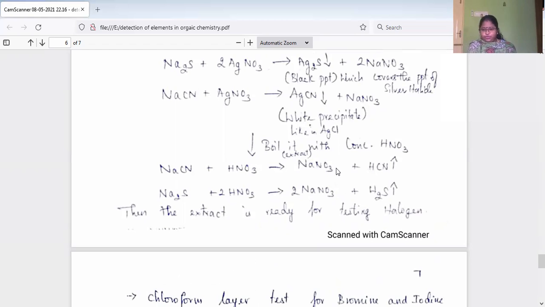If it has Na2S or cyanide, NaCN, the cyanide goes off as HCN gas. So it is liberated as a gas and escapes. Concentrated HNO3 reacts with Na2S, and it liberates H2S, so the gases go off. What will be left in the solution is only the halogen. So then it is ready to test for the halogen. Got it? Next.